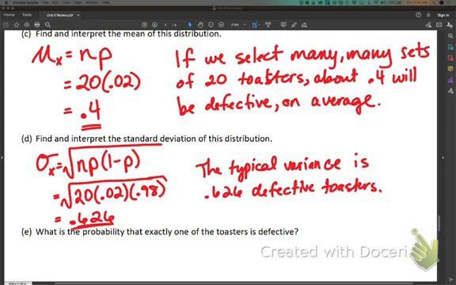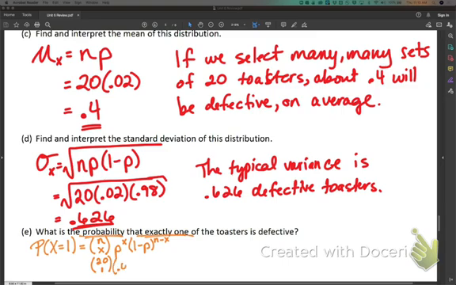Last question here says, what is the probability that exactly one of the toasters is defective? This is the probability that x equals 1. One success or one defective toaster. Now, the formula on the formula chart says n choose x, p to the x power, 1 minus p to the n minus x. So if you want to do this that way, then you would do 20 choose 1, because we have 20 trials, we're choosing 1 defective.